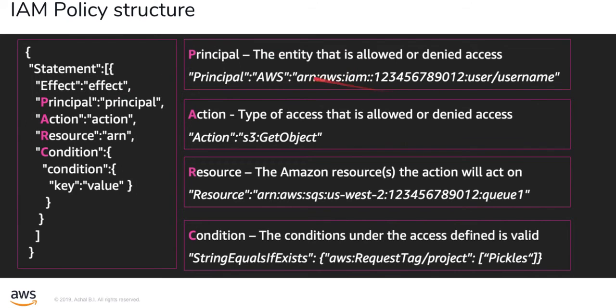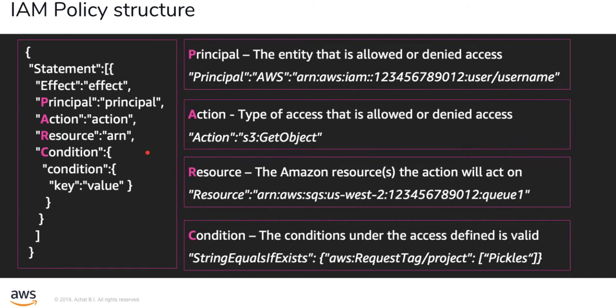Here it says some user with a username is the principal, and it also mentions what action is allowed or denied. Effect says whether it's allow or deny. The action would be S3 get object. It's just an example: the user with the username has S3 get object permission here.